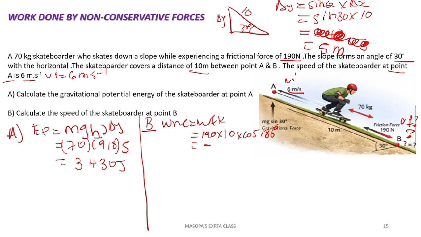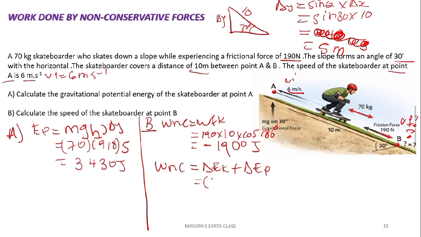Therefore the work done by the Fk, we're getting negative 1900 joules. From there we can simply say work done by non-conservative force is equal to the change in kinetic energy plus the change in gravitational potential energy.